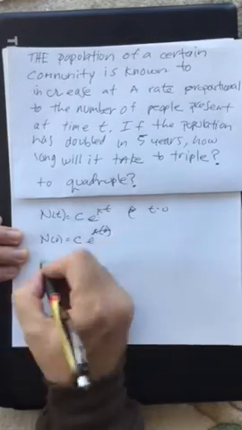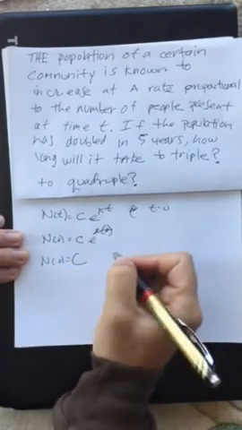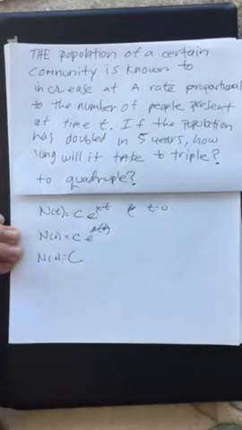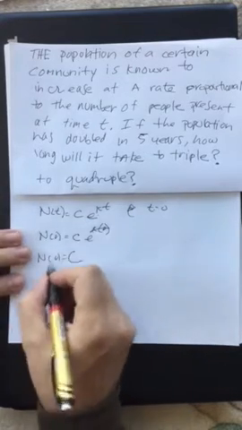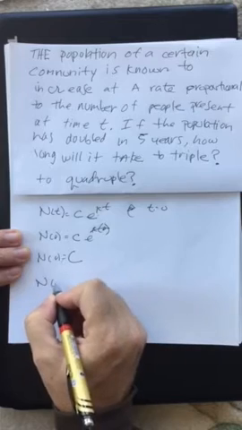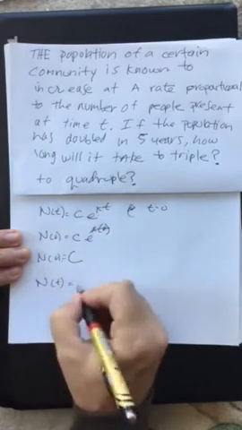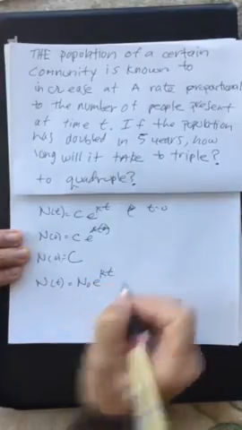E to the 0 is 1, and you have N0 equals c. So c equals the population at time 0, which we call N naught. So we rewrite this: N of t equals N naught times e to the kt.